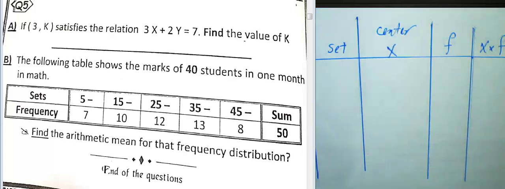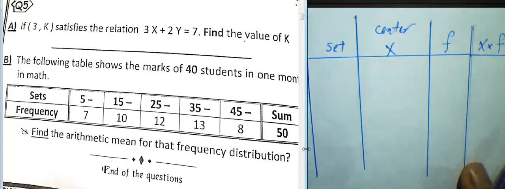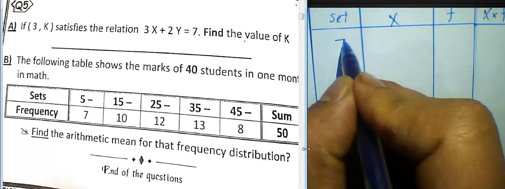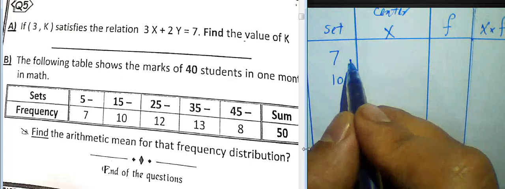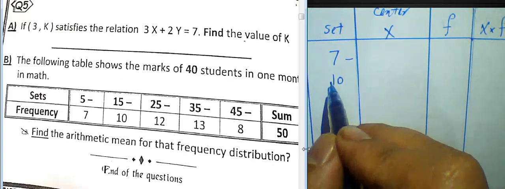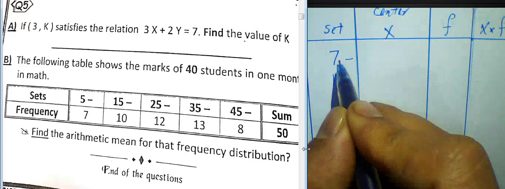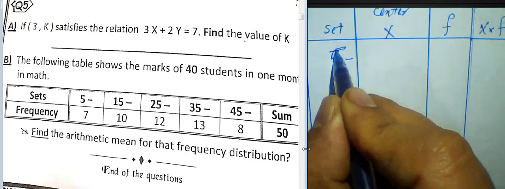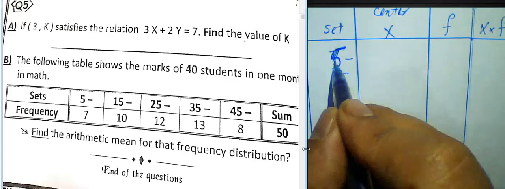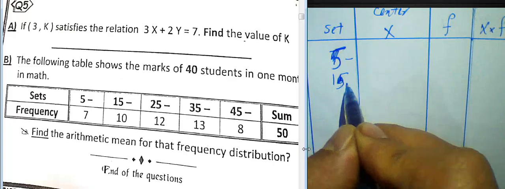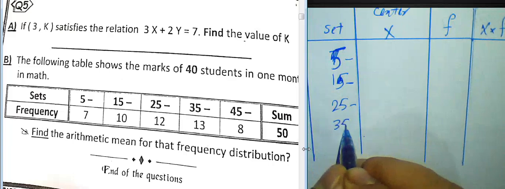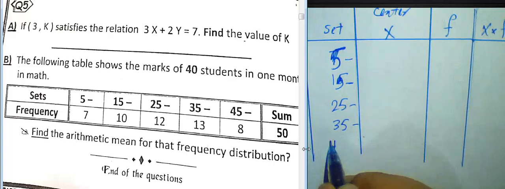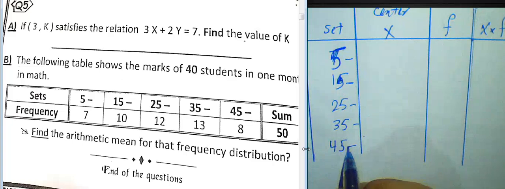Now we will put the results here for the set: 5 to 15, 15 to 25, 25 to 35, 35 to 45, 45 to 55. Look at the table with me.